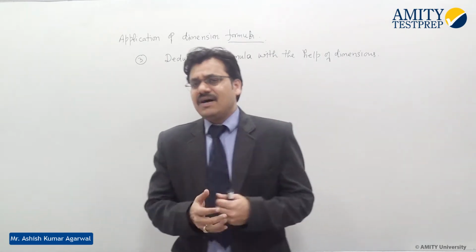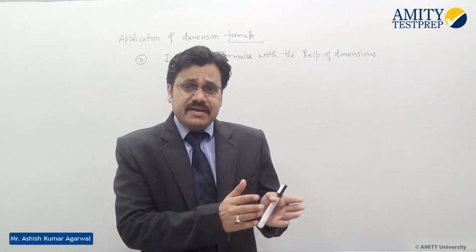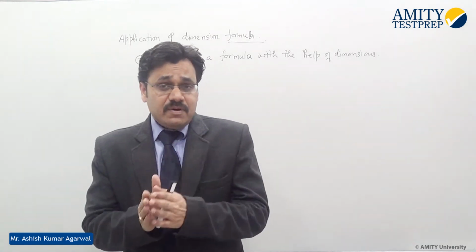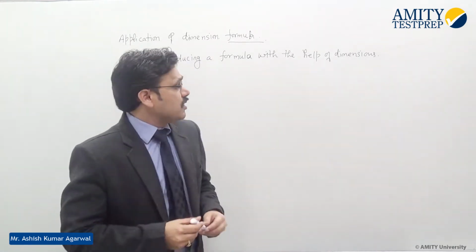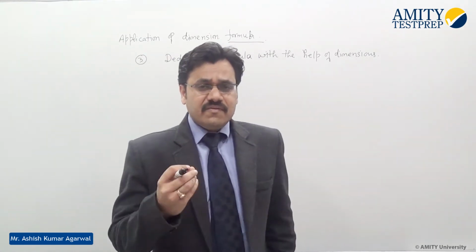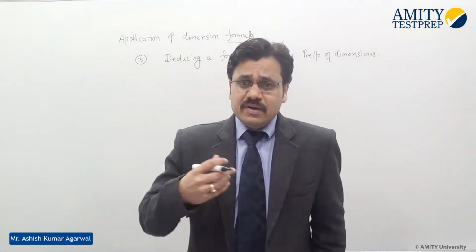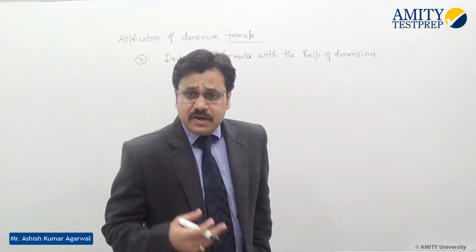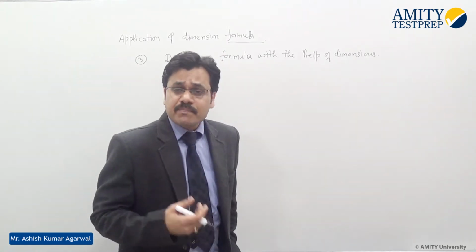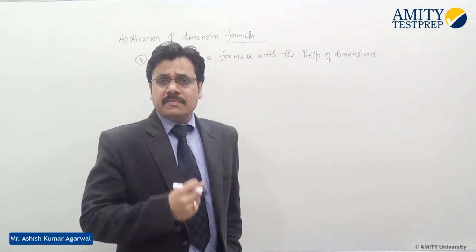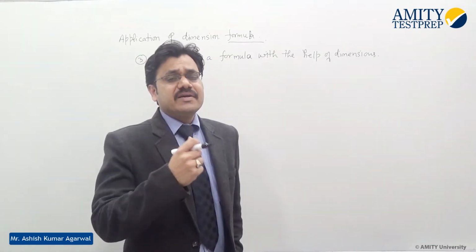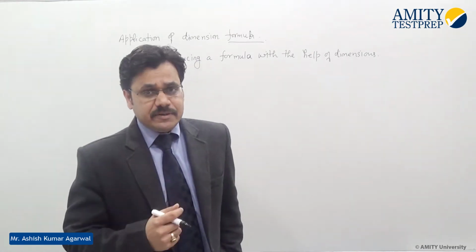So we will take an example of how we can deduce the formula by the help of dimension analysis. Suppose I am considering an example where the frequency of a simple pendulum depends on the mass of the ball, the length of the simple pendulum, and the acceleration due to gravity.